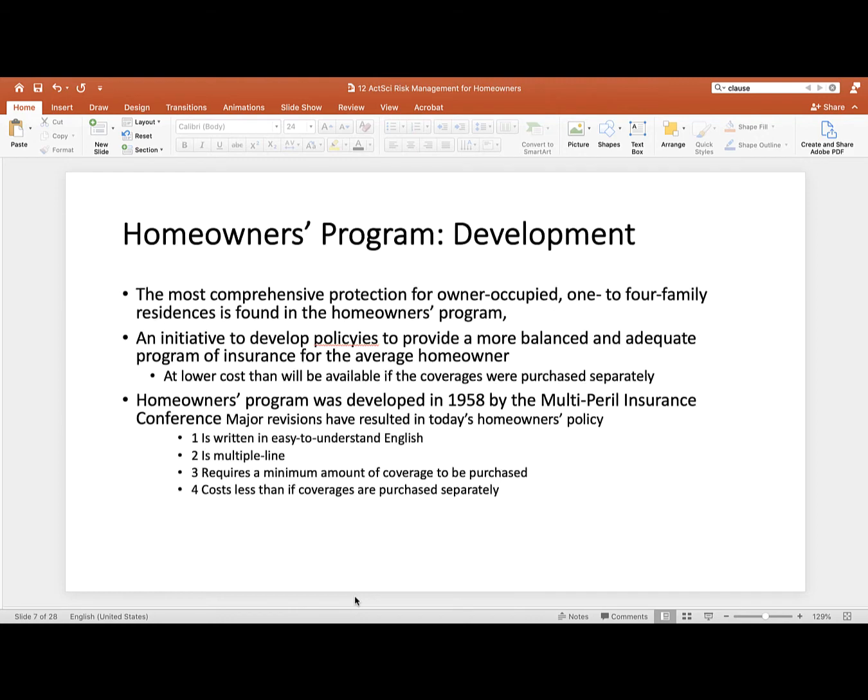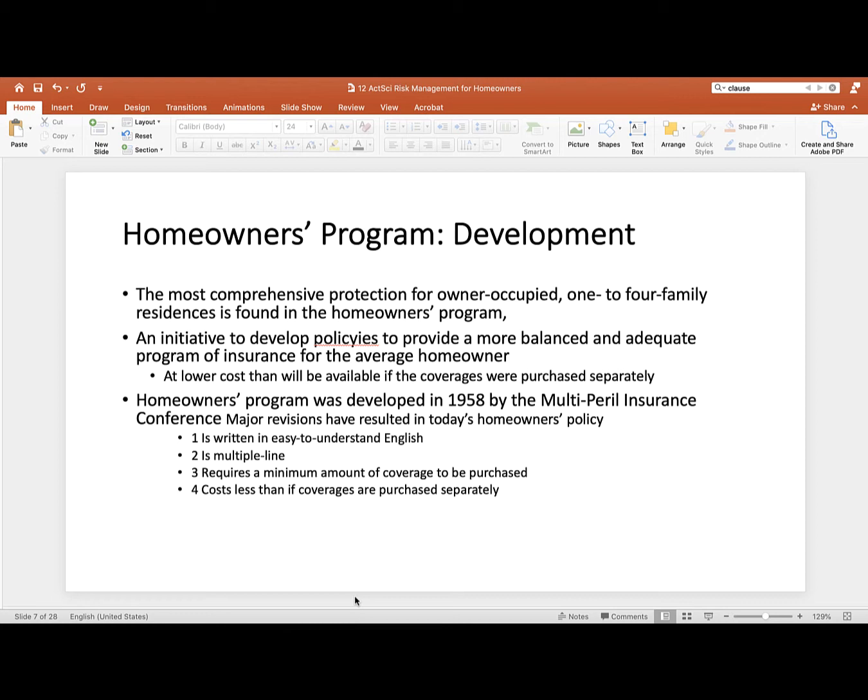So, the homeowners program, how this developed. Basically, insurers wanted to produce a quality product for homeowners, for their home insurance. And so in 1958, there was a program developed, and the development actually started at the Multi-Peril Insurance Conference.